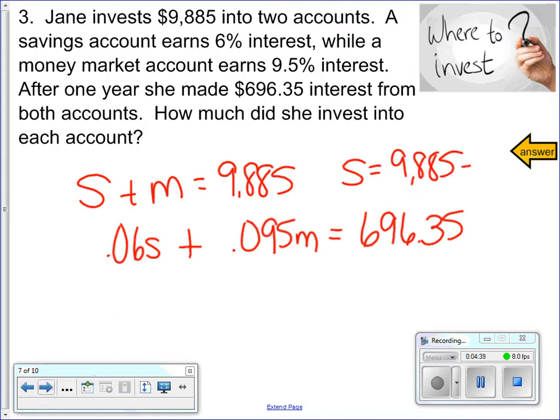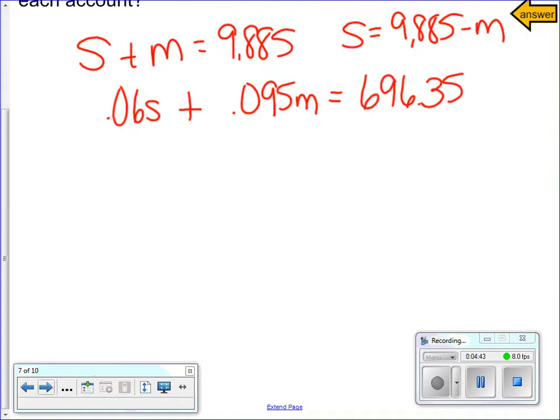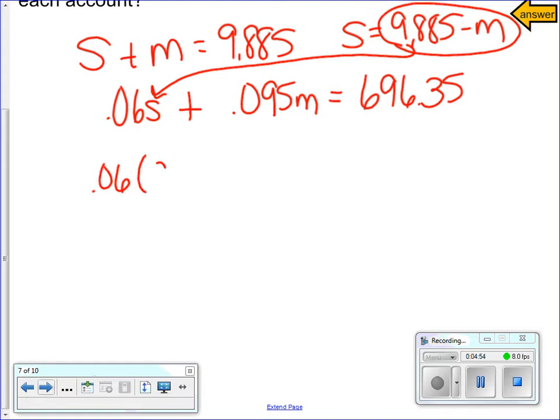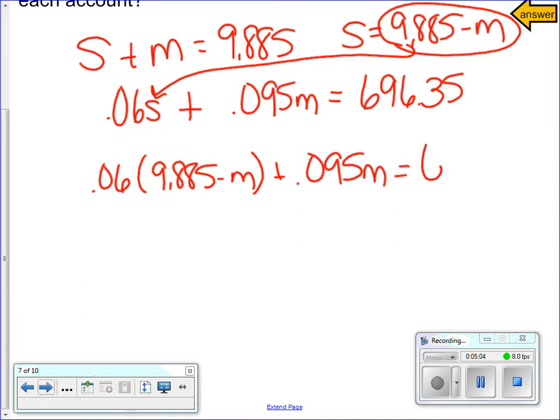So I'm going to change this first equation to S equals 9,885 minus M by just subtracting M from both sides. Now I'm going to substitute this S into this equation. So I get 0.06 times (9,885 minus M) plus 0.095 M equals $696.35.